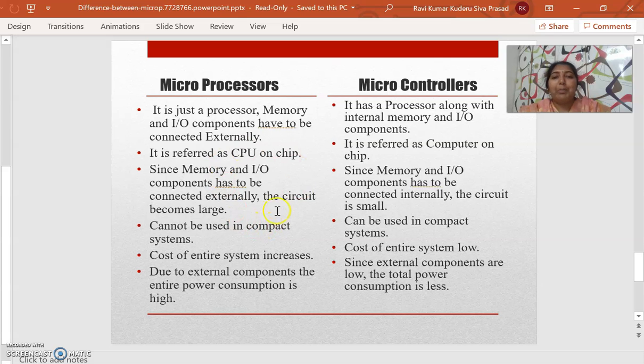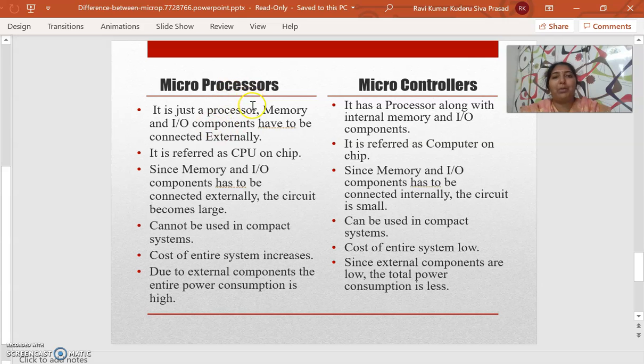Next, based on these differences, we can tell that microprocessors are not suitable to design compact systems, but microcontrollers can be used in compact systems. The next one is, because of using these external components, automatically the cost of the system will increase. By using a single microprocessor, we can't perform any operations.